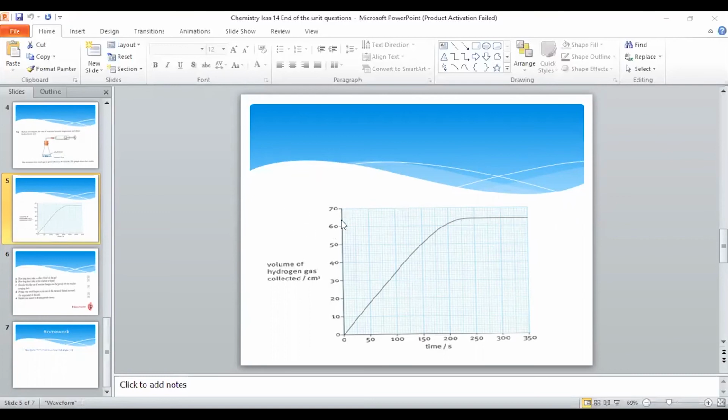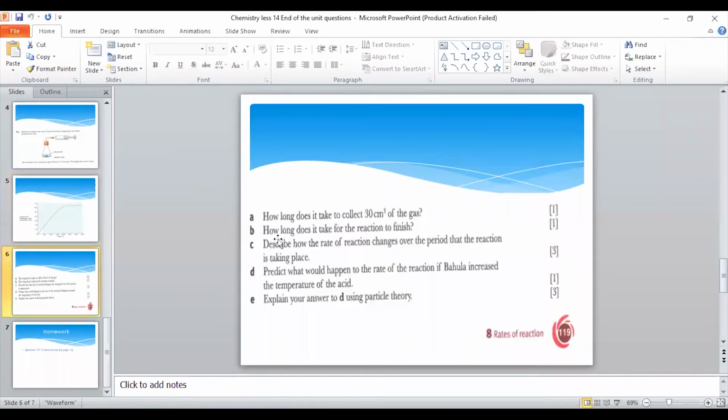When we do not have more hydrogen gas produced, I can say that the reaction has finished, okay?